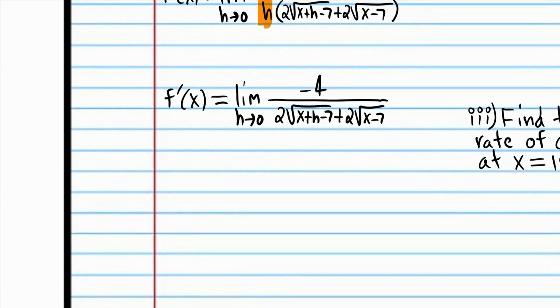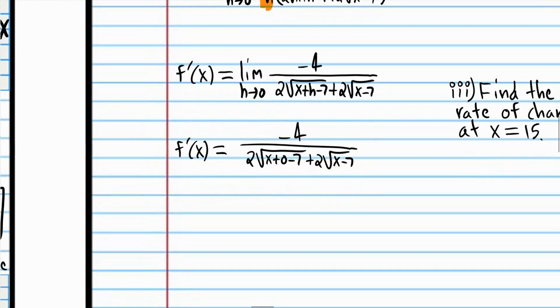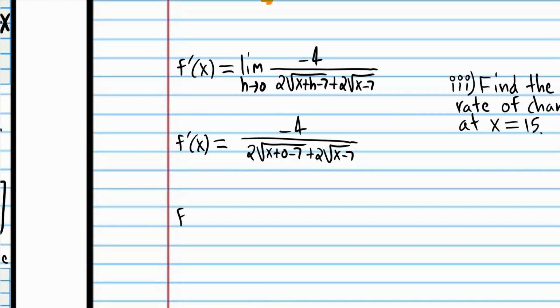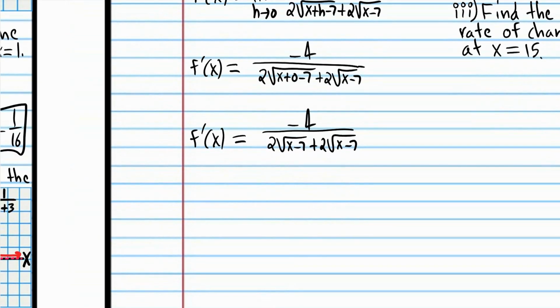and now we can let h be 0. We couldn't do that before, but now we can. So we have -4 over 2 times root x plus 0 minus 7 plus 2 root x minus 7, and now we have like terms in the denominator, so we can add those up.